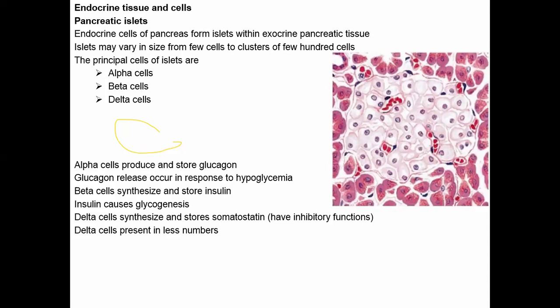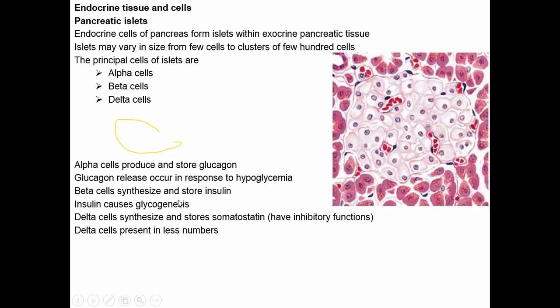When the glucose level decreases in the body, glucagon is released from the alpha cells, and it helps raise the blood sugar level by the degradation of glycogen to release glucose.